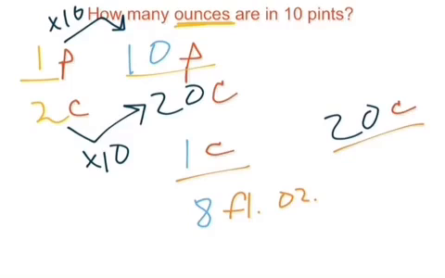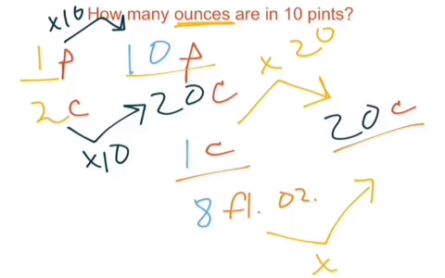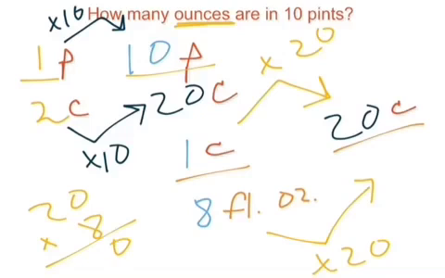And then see if we can find a relationship, because I need to figure out what my fluid ounces are. Well, this is pretty straightforward also. 1 times something equals 20. It's actually 1 times 20. So I'm going to multiply by 20 on this side also. And I got 20 times 8. If you don't know that off the top of your head, 8 times 0 is 0. 8 times 2 is 16.